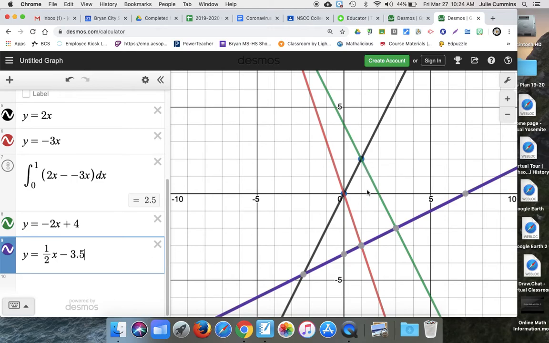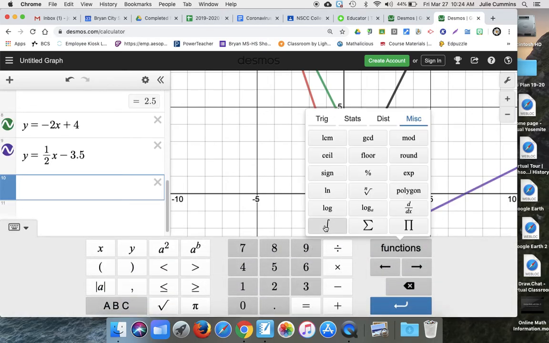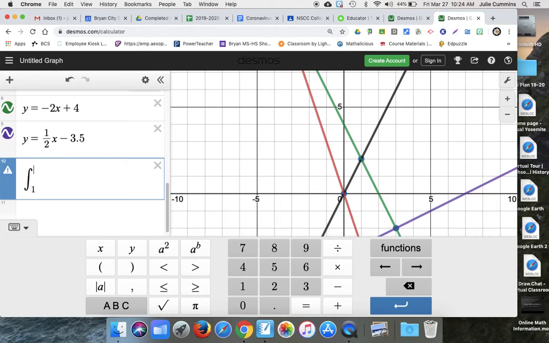Okay. So now to find the area of this portion of it, I'm going to do top minus bottom curve. And this time, we're going from 1 to 3. So we'll pull this up in Desmos, get our integration from 1 to 3. Our top curve was that green one, -2x plus 4.